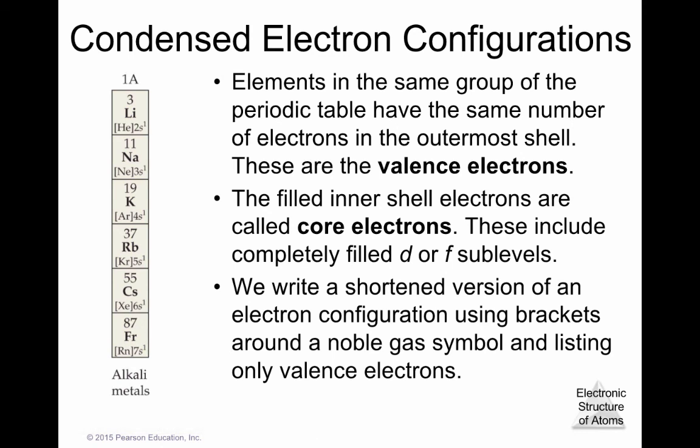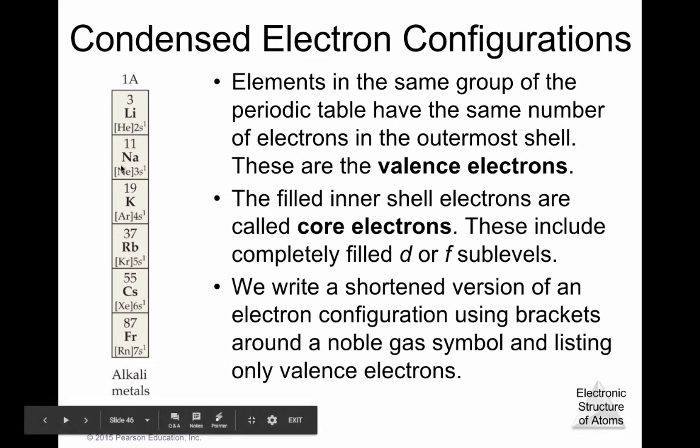Those are your valence electrons. Remember, we have a maximum of 8 valence electrons. The filled inner shell of the electrons, those are the core electrons. And they include completely filled d or f sublevels. And we can write this condensed electron configuration. We call it the shorthand version or the noble gas configuration.